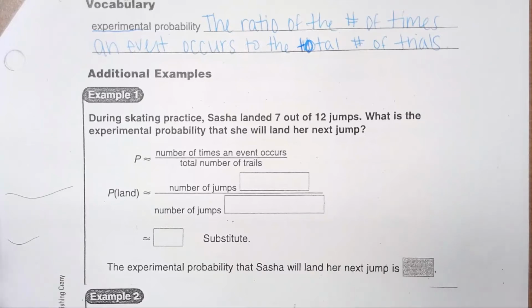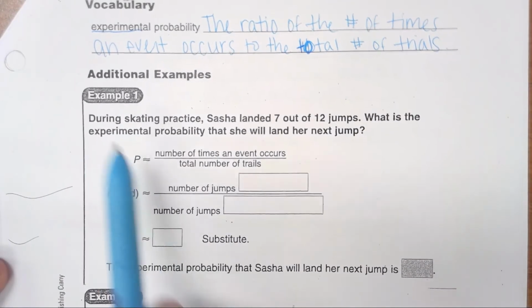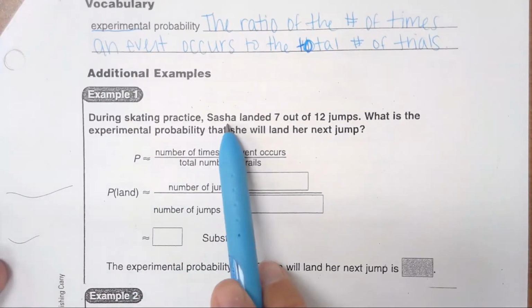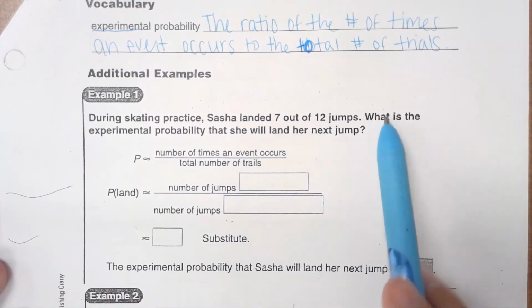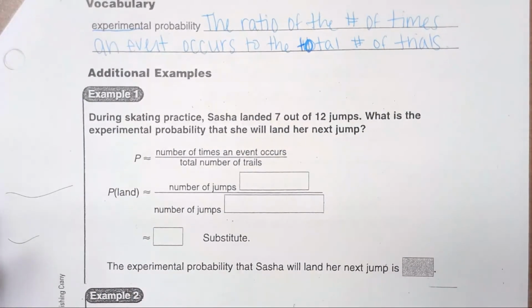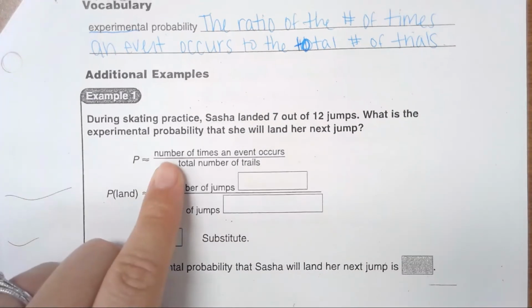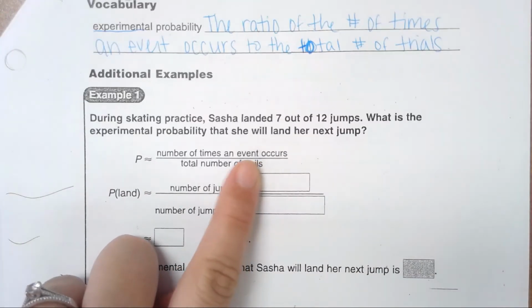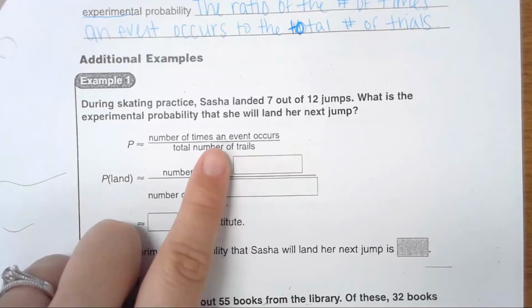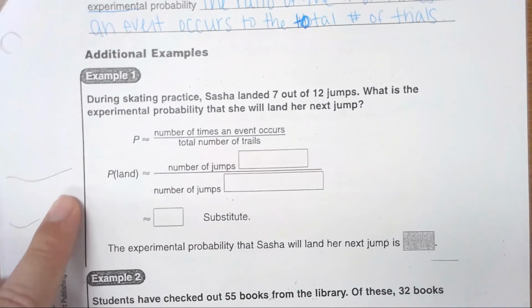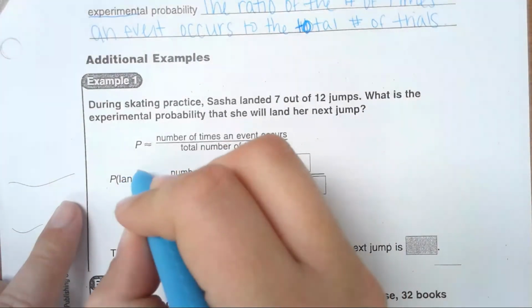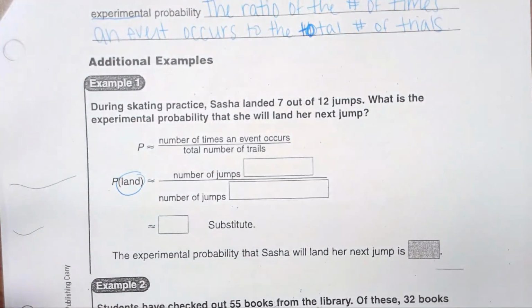Okay, so same thing. So during a skating practice, Sasha landed 7 out of 12 jumps. What's the experimental probability that she will land her next jump? So probability is taking the number of times an event occurs over the total number of trials. So this means that we just need to find the probability of how many she landed.